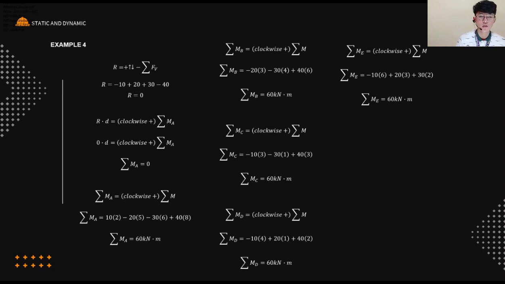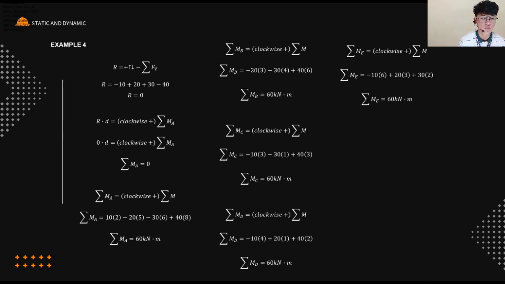So, summation moment B equals negative 20 times 3, negative dahil counterclockwise, and times 3 dahil yung distance niya from the B. And then, sa next force naman natin is negative 30 dahil counterclockwise, and then times 4 dahil yun yung distance niya from the B. And next force naman is positive 40 dahil clockwise yung ikot niya, and then times 6 which is yung kanyang distance from the B. So, kung mapapansin natin, nawala dito yung force na 10 dahil nandoon sa mismong point na yon.